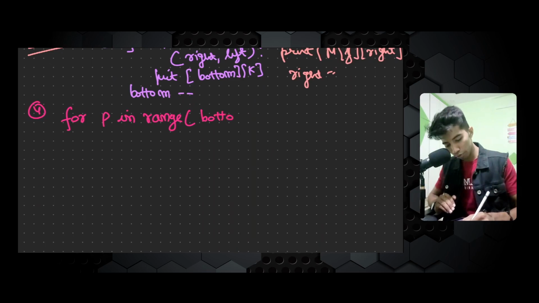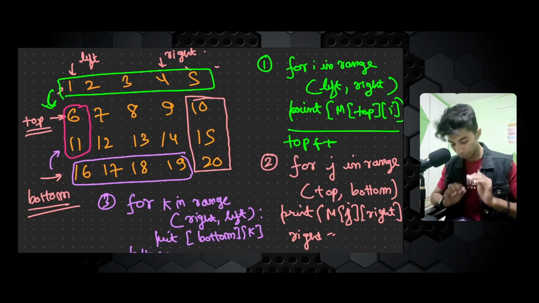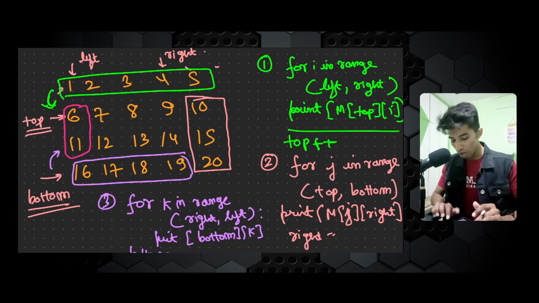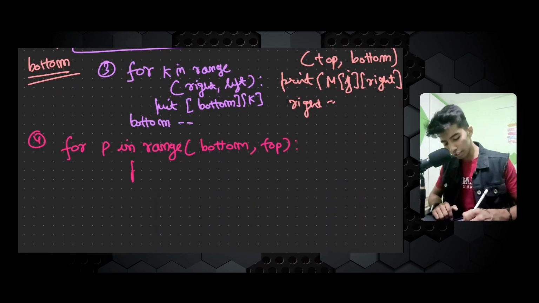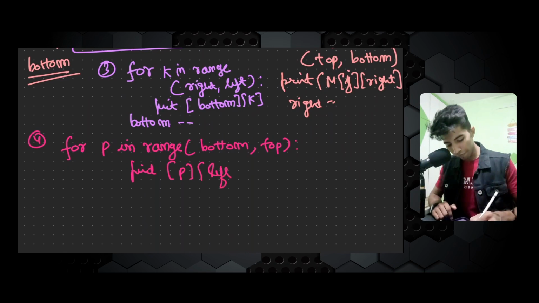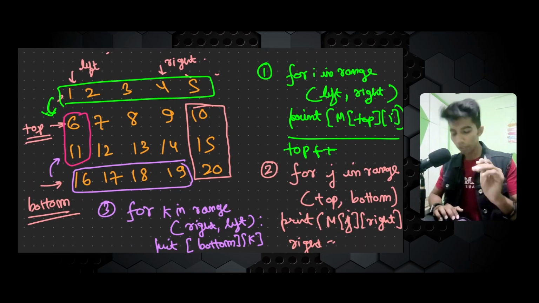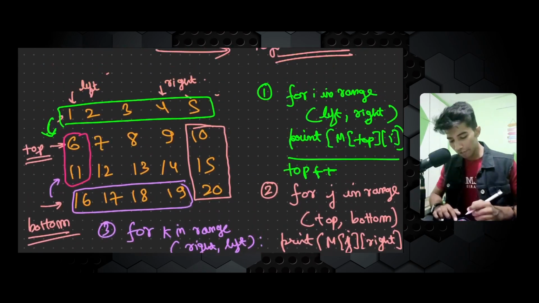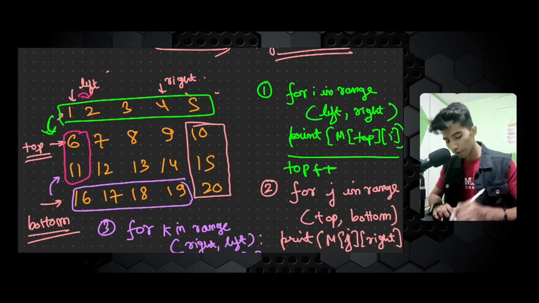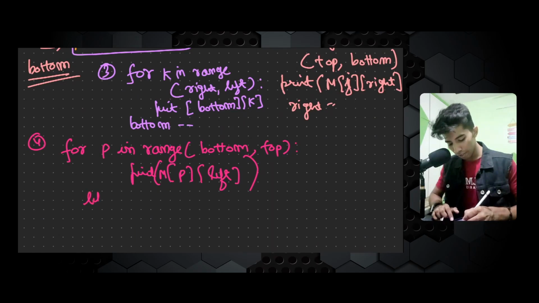In that case my left is the constant pointer here, so I will just print M of p and left, because my left is constant here. After this I will shift the left over here, so left plus will be done.